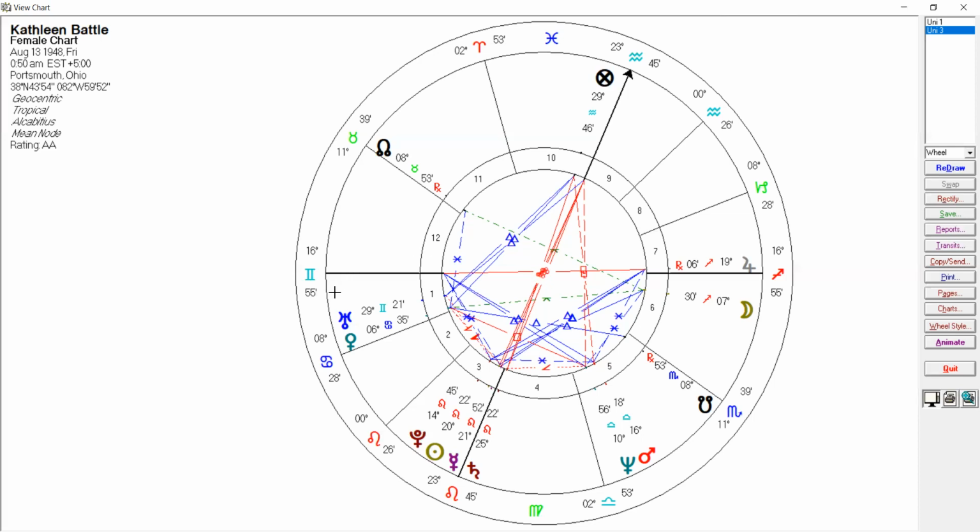So 30, 60, 90, 120 brings us to the 17th degree of Libra. But now we have to go back 13, because 20 minus 7 is 13. So now it brings us to 4 degrees of Libra. 4 degrees of Libra, everybody.